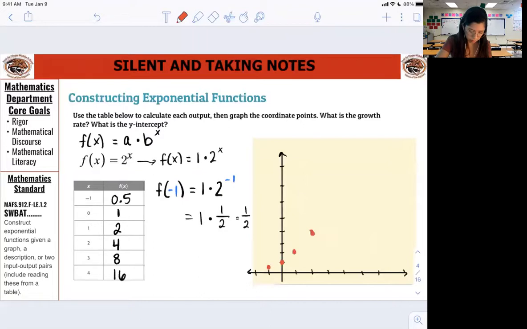So that's 1, 2, 3, 4, 5, 6, 7, 8. That last value, 4, 16, is not going to fit, but that's okay because we have a lot of other points, and that already is going to give us a good idea of what the graph looks like. So now I'm just going to connect all of these dots. And then make sure that you draw an arrow on both ends of the line.